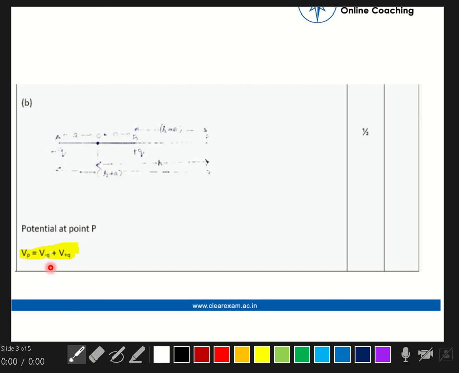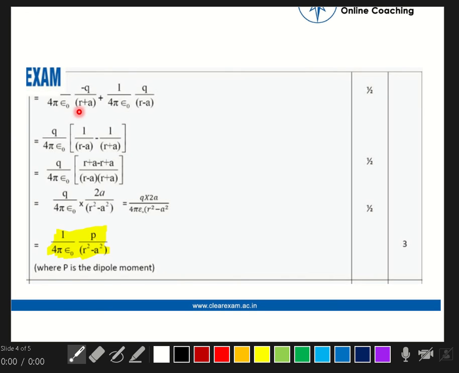Vp equals V minus q plus V plus q, the net potential. So Vp equals 1 by 4 pi epsilon naught, minus q by r plus a, plus 1 by 4 pi epsilon naught q by r minus a.